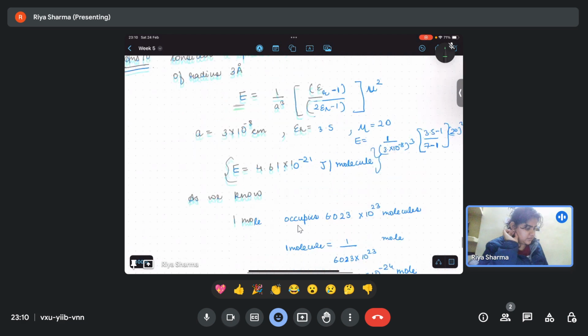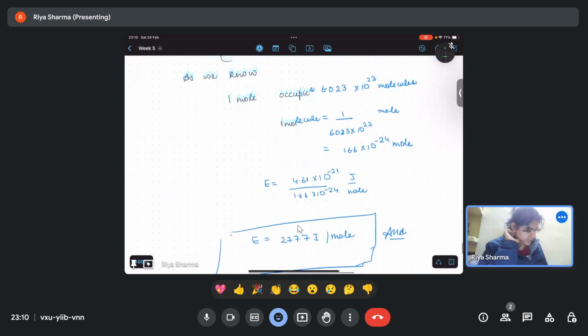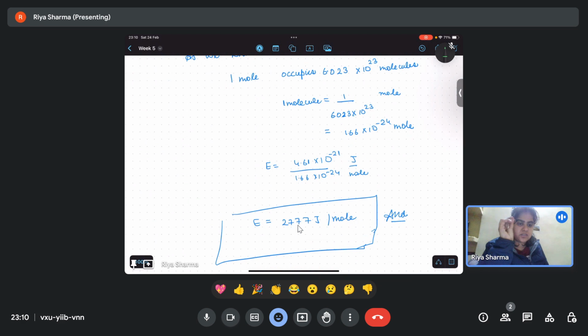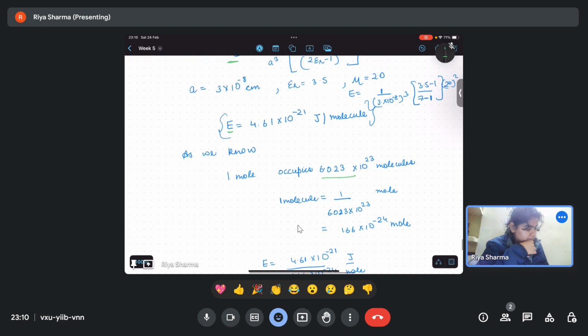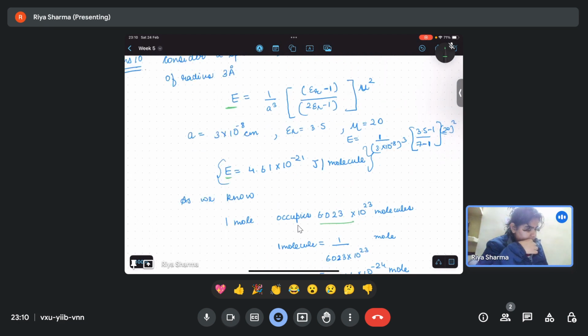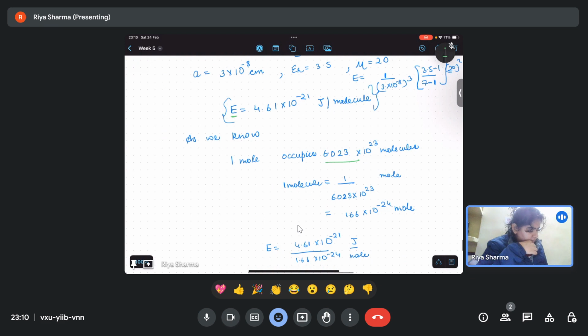And they were asking for one molecule, so we just calculate it, and we got the answer in joule per mole. We got that in joule per mole, because we know that 1 mole consists of 6 into 10 raised to power 23 molecules, and we have already calculated E in terms of that. So we try to do for the one molecule thing, because we already got this value per molecule.